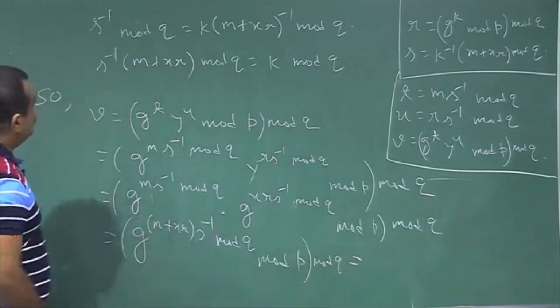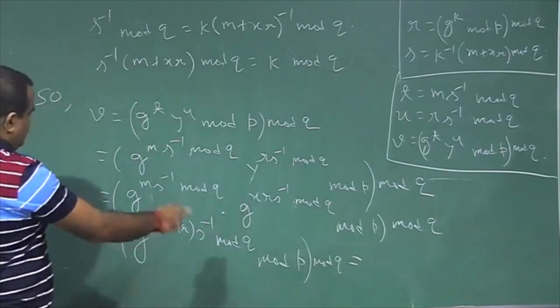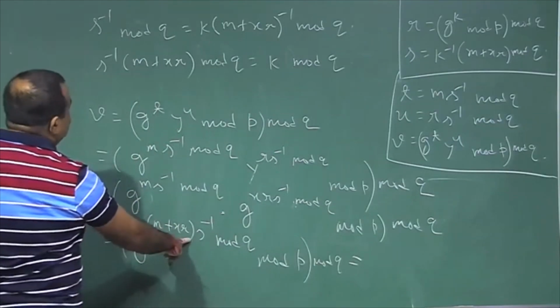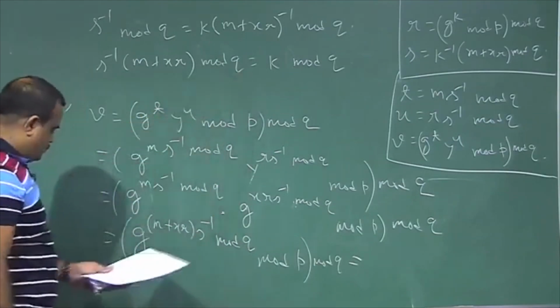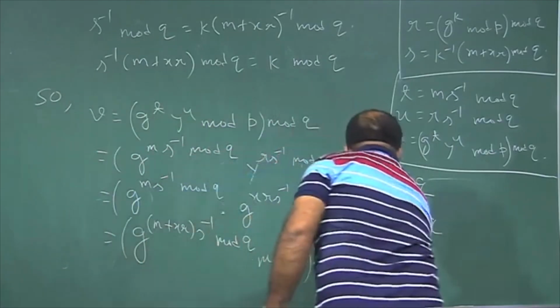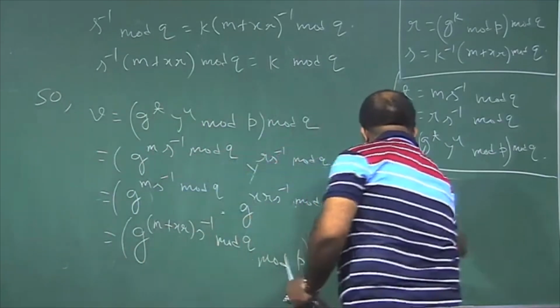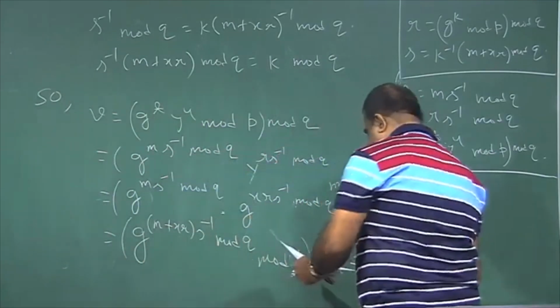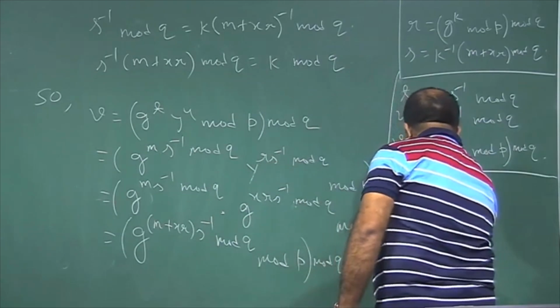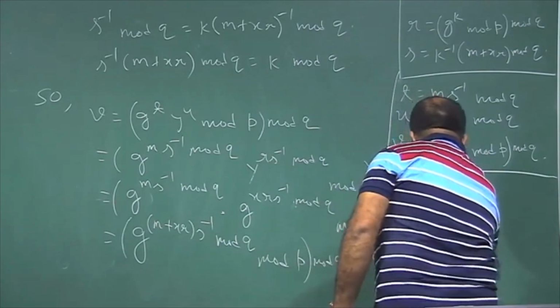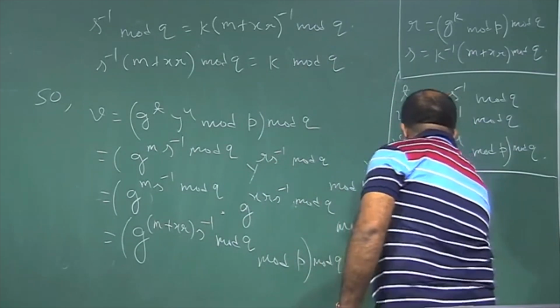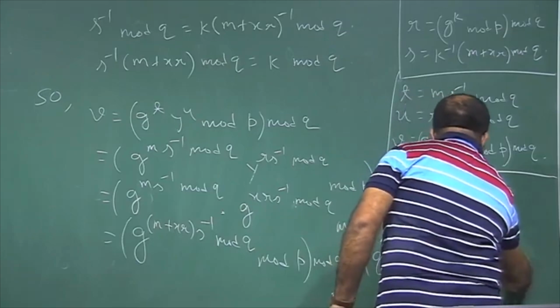We know this is s inverse, and this mod p is equal to k. So, this is basically g to the power k mod q, then mod p mod q.